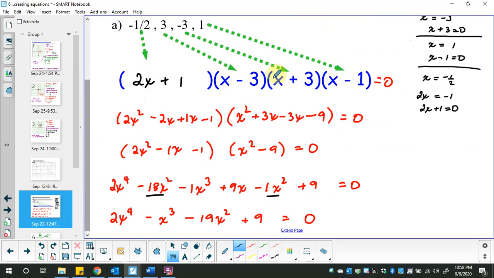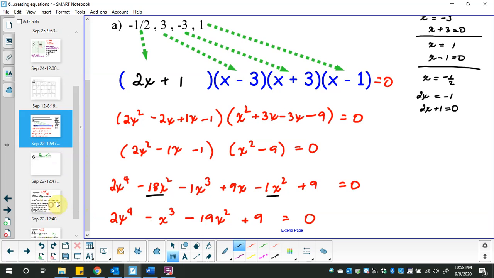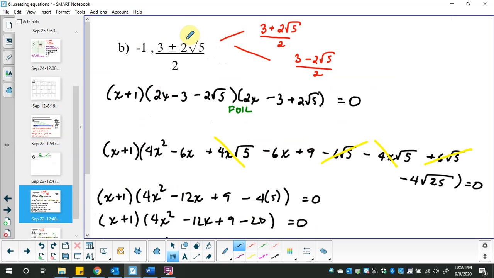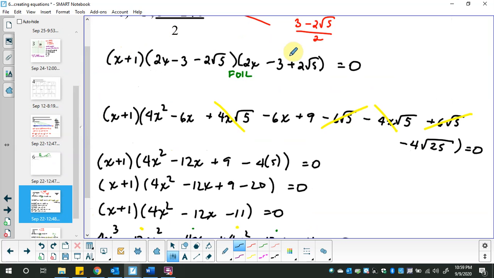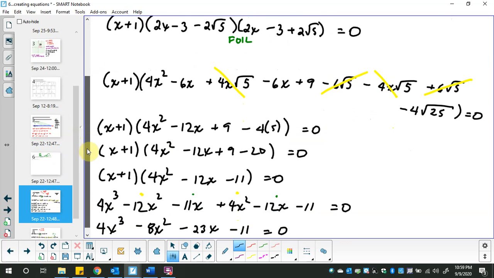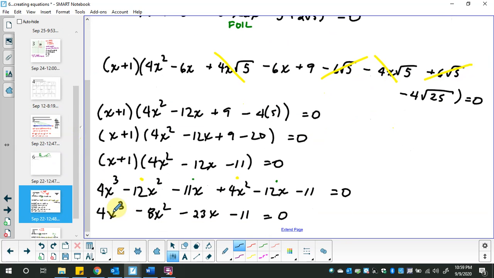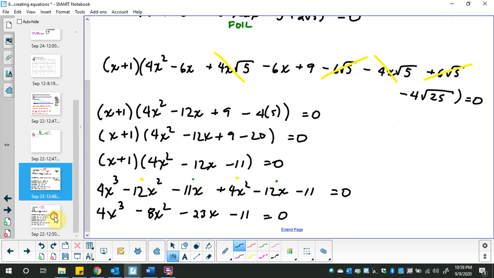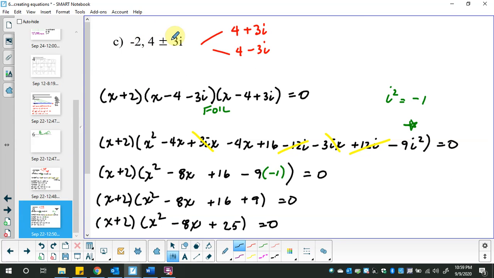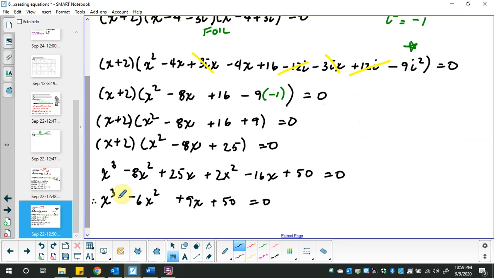You have 1, 2, 3, 4 brackets, and when you multiply it out, you've got an x to the 4th. Everything's fitting. Then when you get into the messy stuff, 1, 2, 3, 3 brackets, too hideous. FOIL it all out, there's your x to the 3, and then finally 1, 2, 3, there's your 3 brackets, 2 of them hideous. There's your x to the 3.